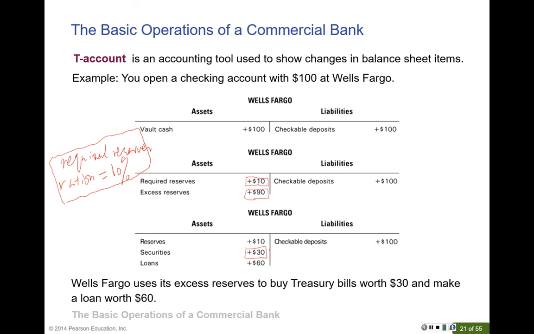So Wells Fargo in this case invests $30 into the treasury security, suppose, and then lends out the rest of the $60 as a loan, right? You can imagine, it could be the consumer loan, the business loan, or the mortgage loan.